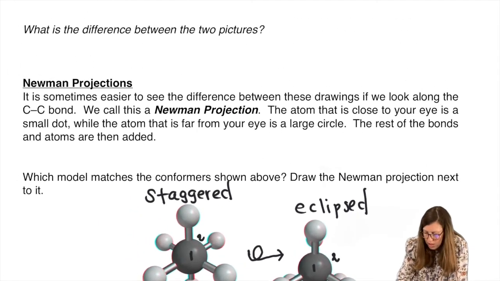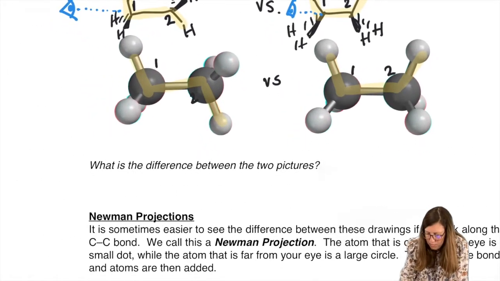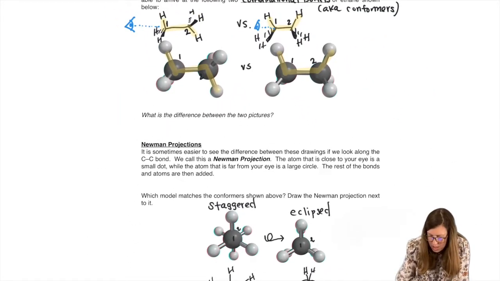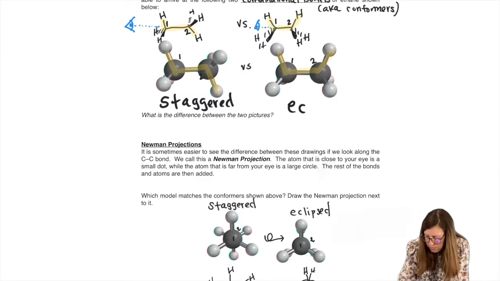Let's label our staggered and eclipsed up here. So I'm going to make this a little smaller. From this perspective, this was our staggered. This was our eclipsed. So these are related by rotation.